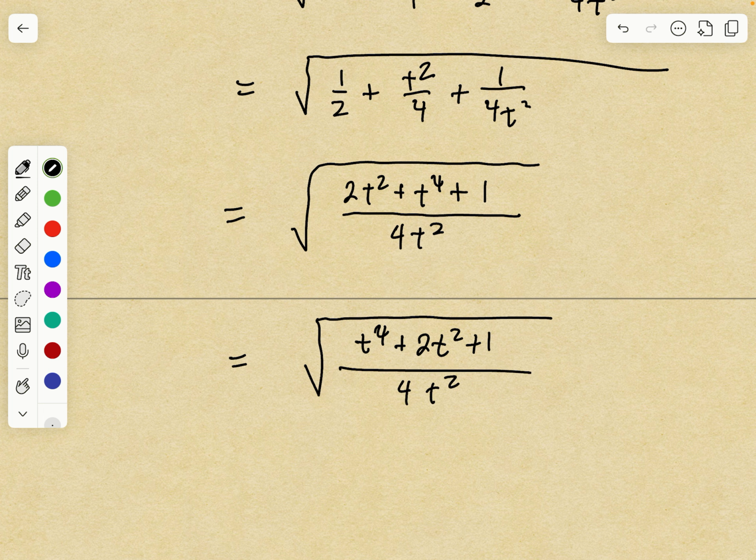Now do you see how you might be able to simplify this part? Let's say that we use the letter u for t squared. Then the numerator is going to be u squared plus 2u plus 1, and that's going to factor as u plus 1 in parentheses squared.